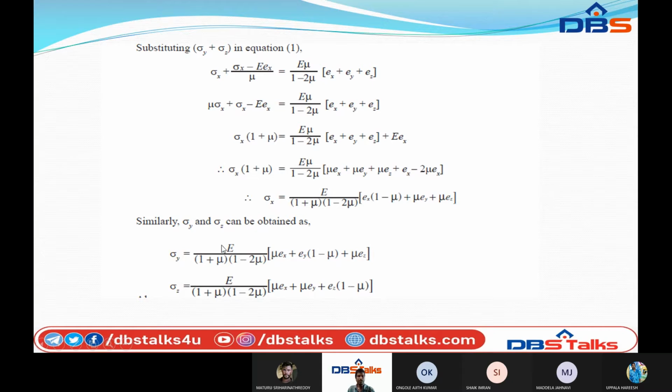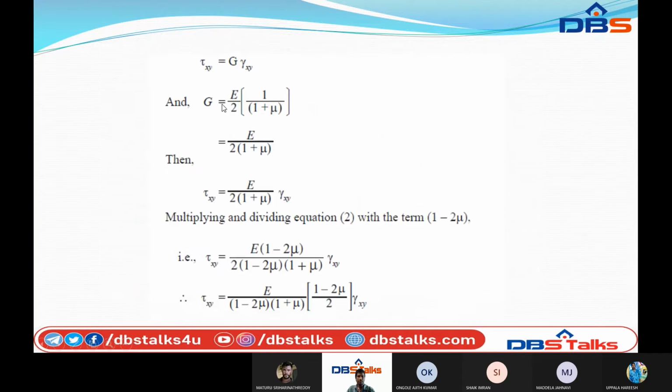Okay. Similarly, these are the terms for sigma y and sigma z, the normal stresses. After that, we know that G is the modulus of rigidity. For modulus of rigidity, G equals E by 2 into 1 plus mu.